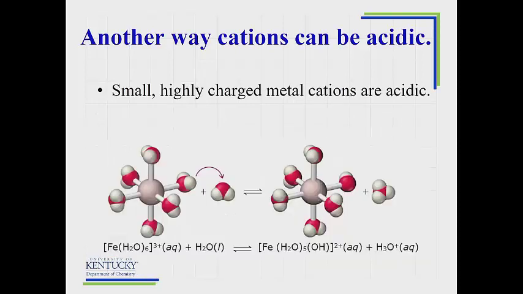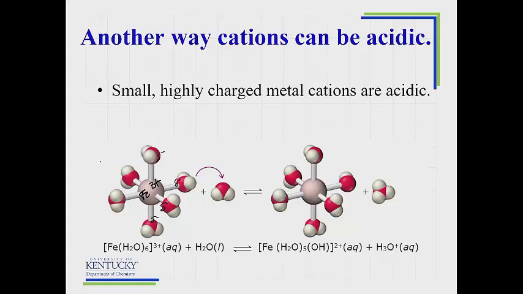Here's what happens. As soon as that iron with a 3+ charge dissolves into water and is floating around in there, it gets surrounded by the water molecules. The oxygen, which is partially negative, will point in towards that positive charge, so it'll arrange itself around that.